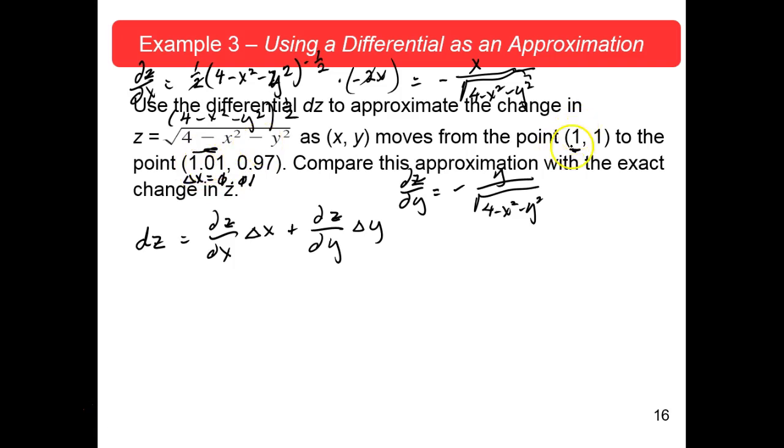That's how much x changed from 1 to there. And your delta y, it changed from 1 to 0.97, so what would that be? A negative 0.03, because it's in the negative. It went from 1 to that, so it went negative.